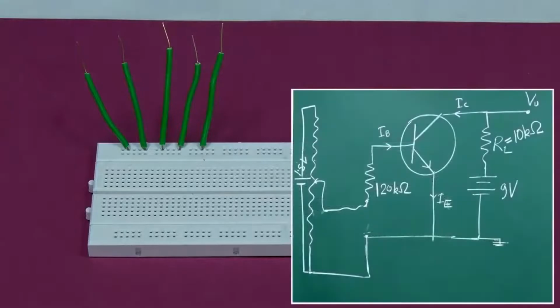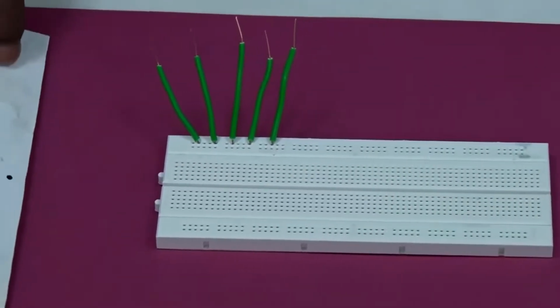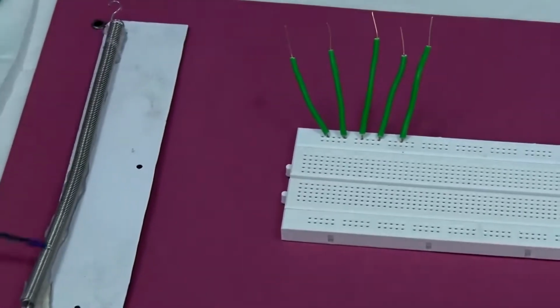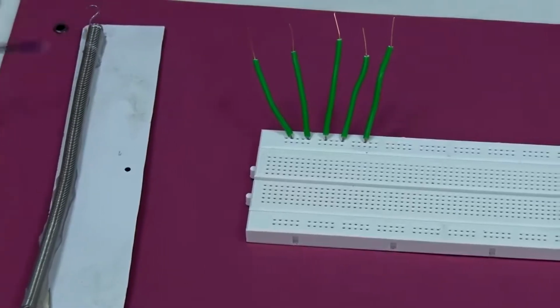So, let us first construct the input side and the 1.5 volt battery with heater coil to give bias to the base. Right. So, this is that heater coil. On this, we will be putting the 1.5 volt battery, positive here and negative here.